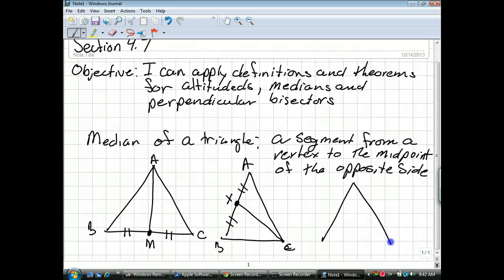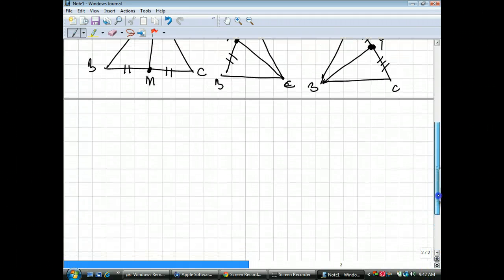And I could have a median from B. So the median from B to segment AC would intersect AC at point Y, which would be a midpoint, and therefore I would know that AY is congruent to CY. Okay, so if you have a median, then you know you have a midpoint and therefore some congruent segments.